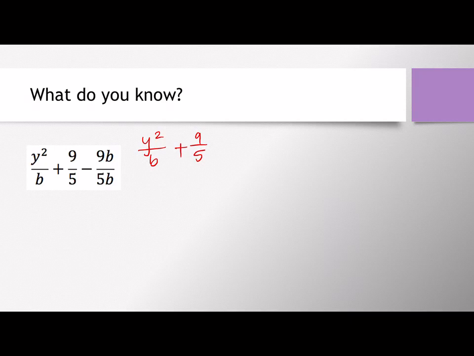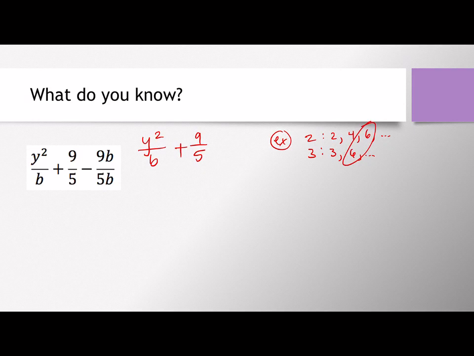When we have regular numbers, say we want to find a common denominator between 2 and 3. Okay, we list the multiples of each number, 2, 4, 6, and so on. For 3, we can list 3 and 6, and then we stop when we have a common denominator right here. But here we have b and 5.